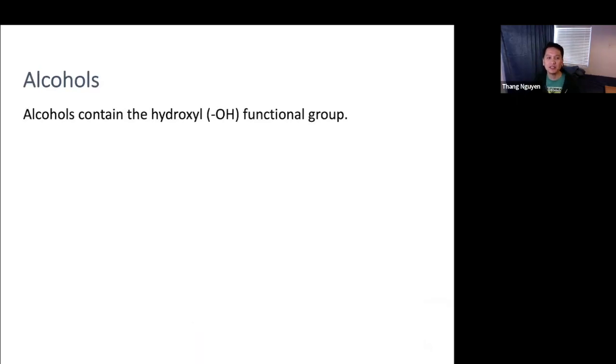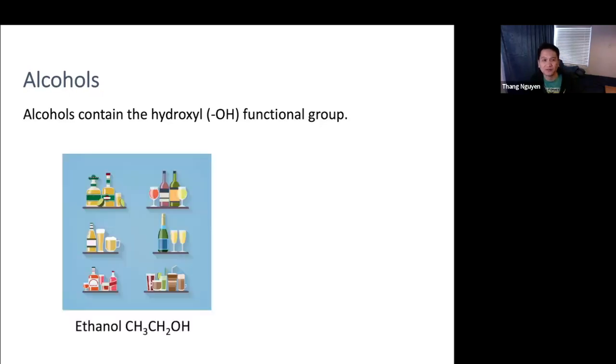So our first one is the alcohols. They contain this group called OH, called the hydroxyl group. That's the name for that OH. If a compound has a hydroxyl group, it's considered an alcohol. Sometimes we also call it an alcohol functional group or a hydroxyl functional group. They're kind of interchangeable. What is the most famous alcohol we know of? Right, the thing you're going to party with? No, okay.